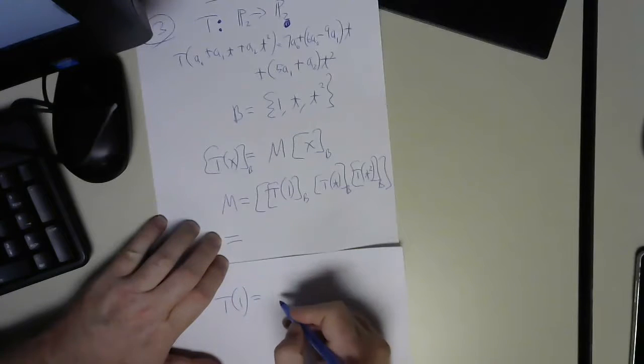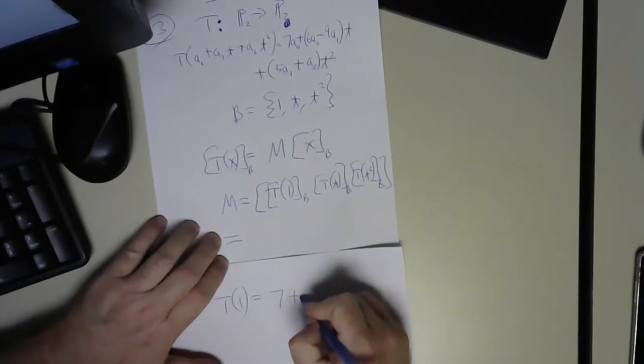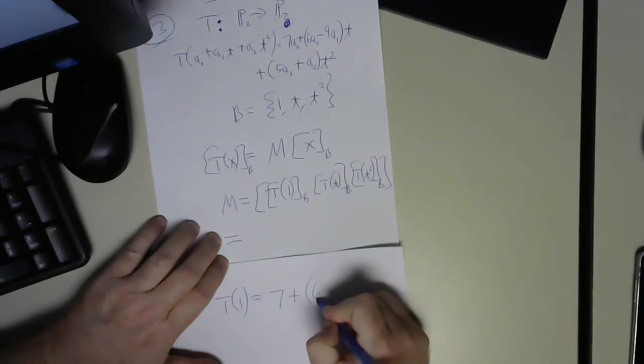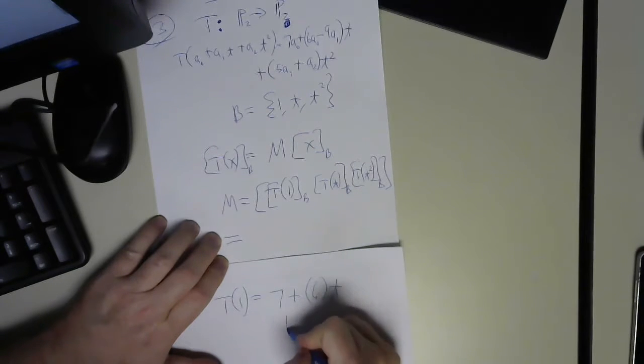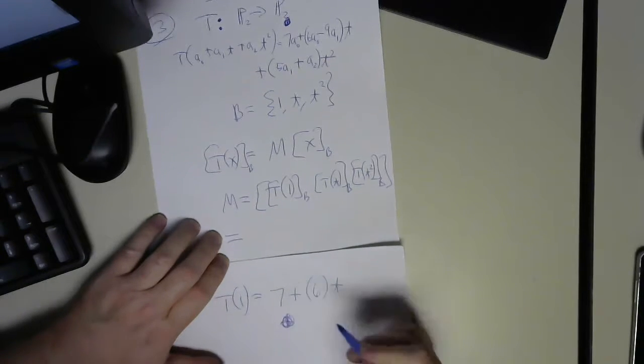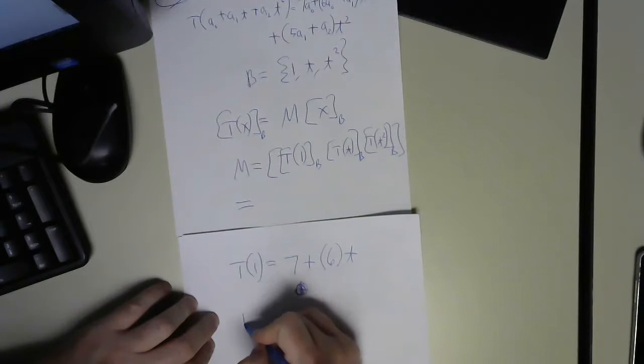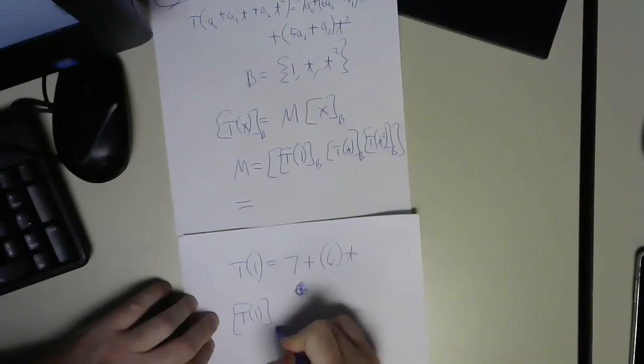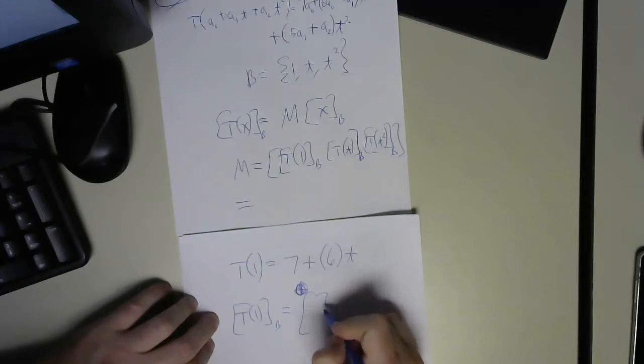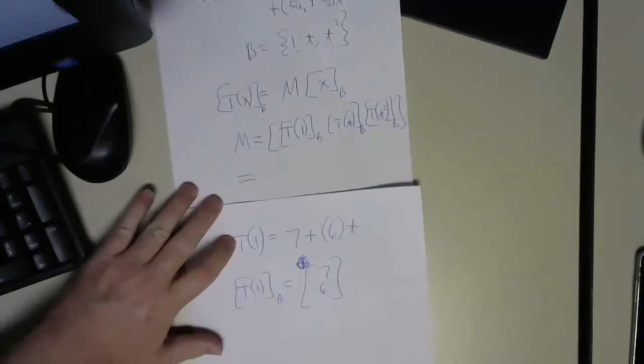So that's going to give me 7 plus 6t, that's it. But now we want the coordinate vector for that with respect to basis B. It looks like it's just 7, 6, 0.